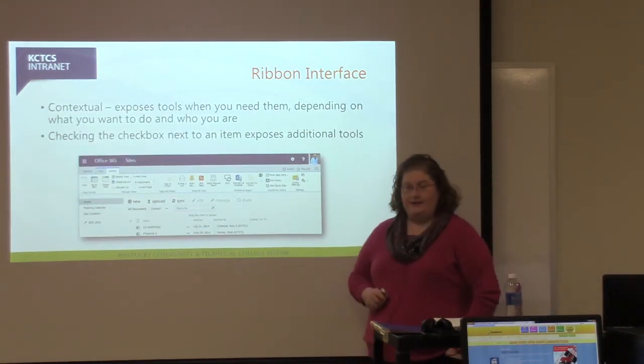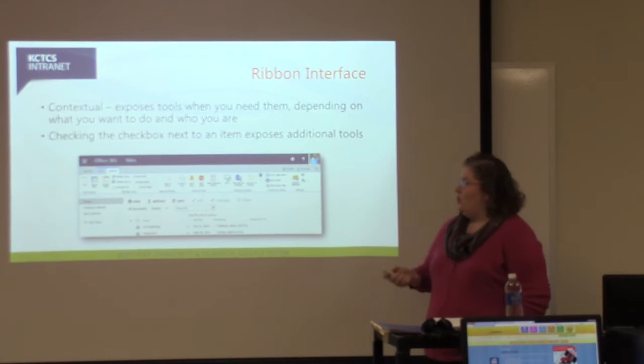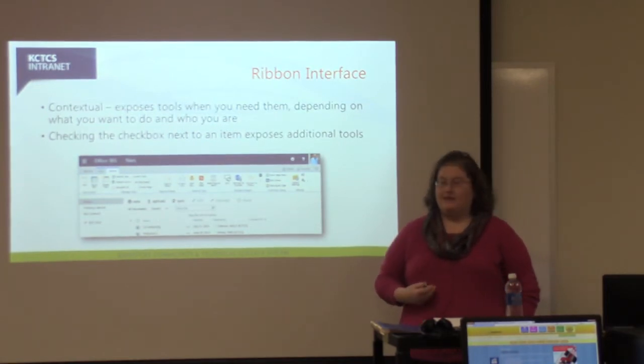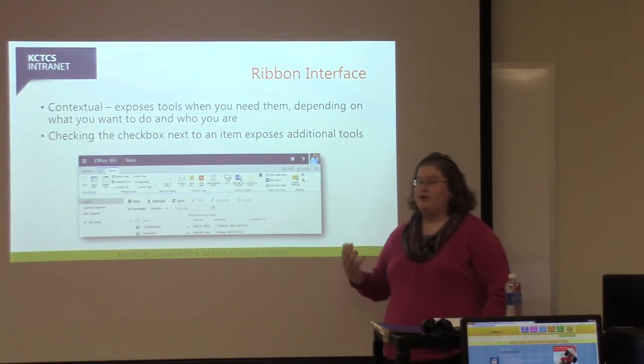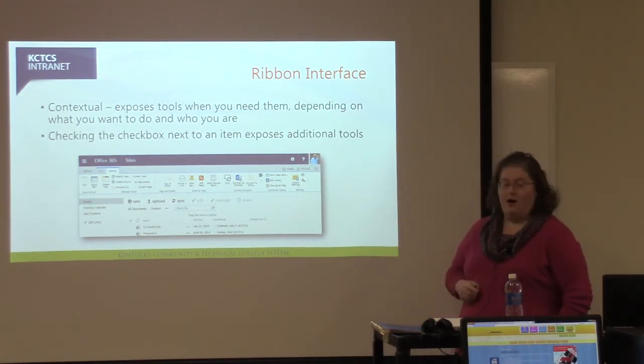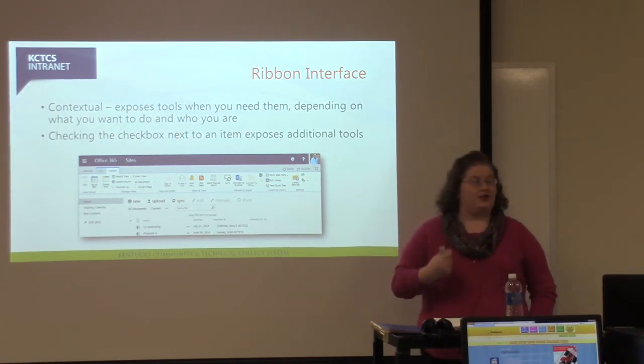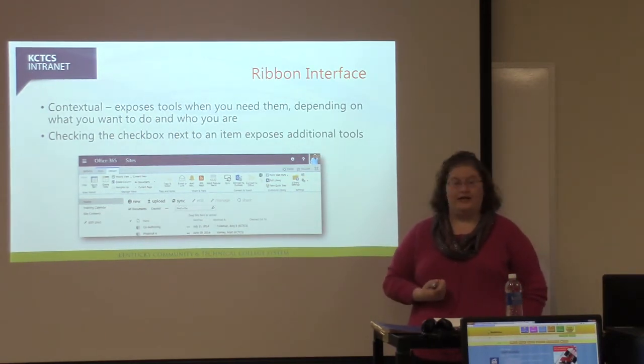The ribbon interface. We have this ribbon now that we're going to be interacting with throughout the session. When you are working within your team site, within document libraries or lists, you're going to see the ribbon at the top of the page. The ribbon is contextual, so it's based on the permissions that you have for your team.